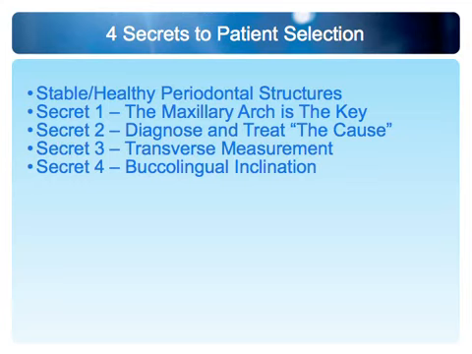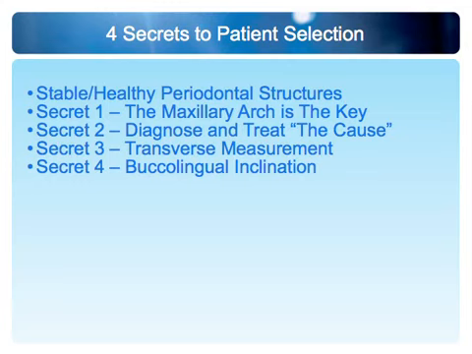Now, as far as the 4 secrets to patient selection go, I'd like to start with the maxillary arch. And my big secret number 1 is that the maxillary arch is the key to success. So my favourite photograph is the photograph of the upper arch, and we're going to spend a lot of time in the next hour looking at the patient's photos, and we're really going to focus in on the upper arch.